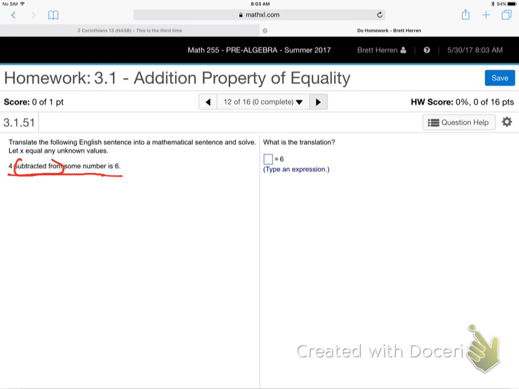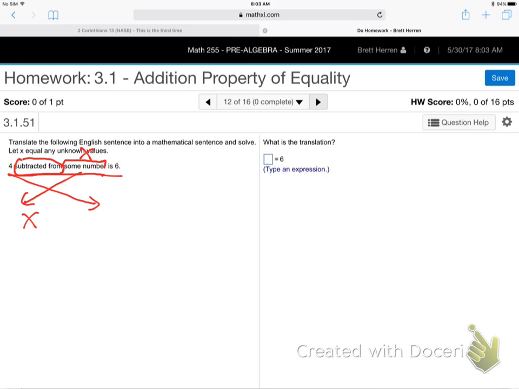Subtracted from. What does that mean again? Flip it, right? And the some number, that's always x, because you don't know it. If I just say, hey, I'm thinking of some number, you don't know what my number is, so you just call it x. So these swap.